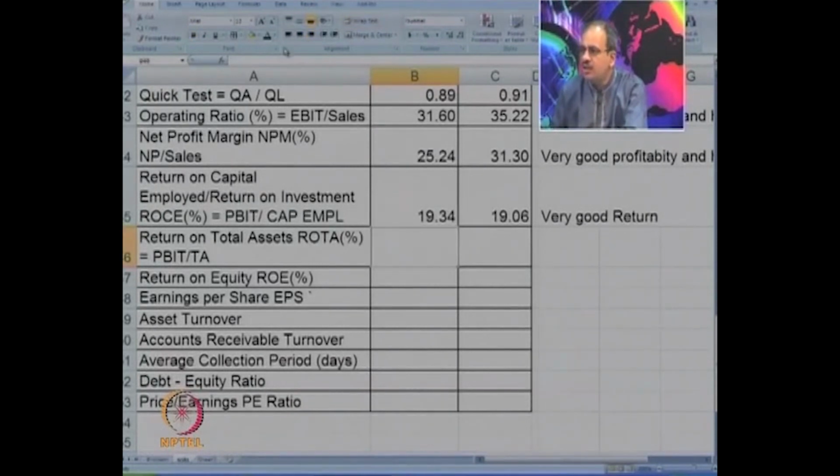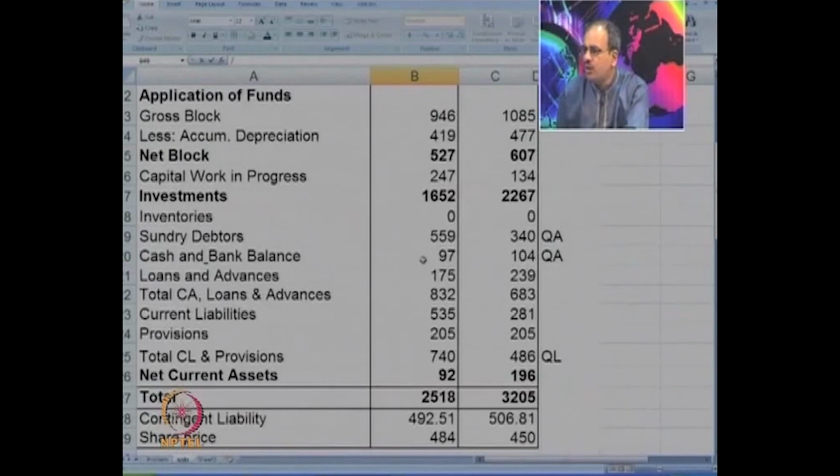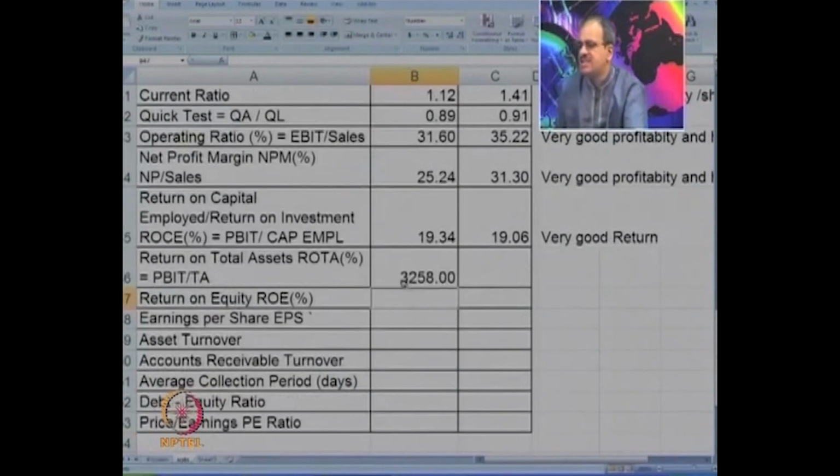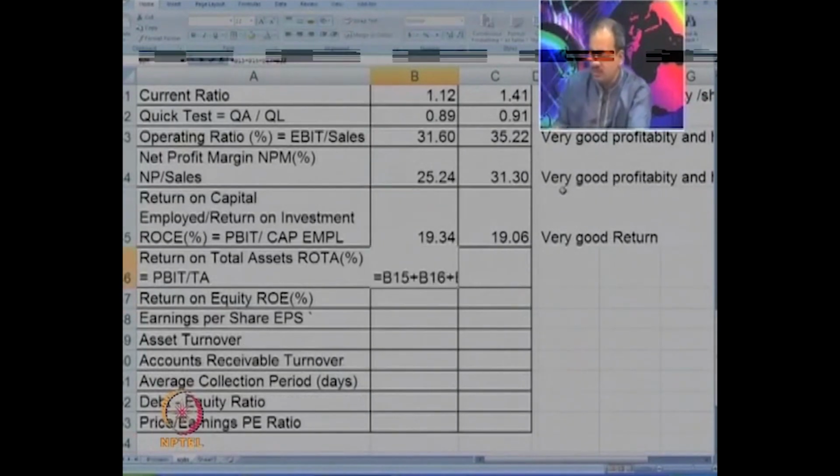So, in the denominator you want some total. We are going to take net block plus capital WIP plus investments plus total current assets, loans and advances. This is just the total amount.